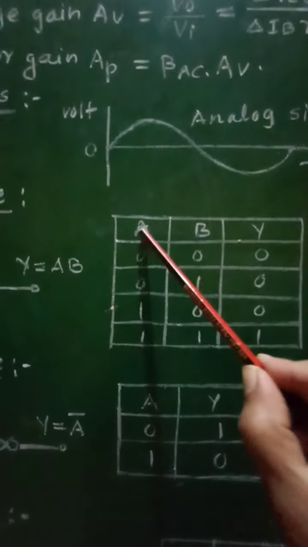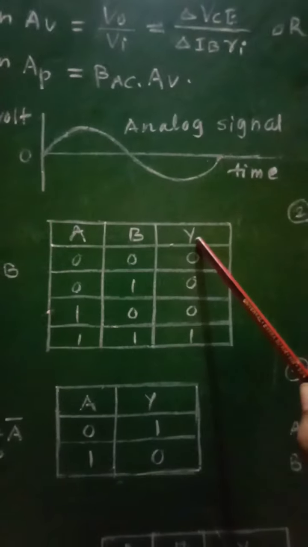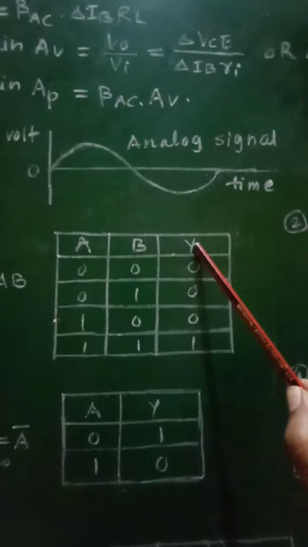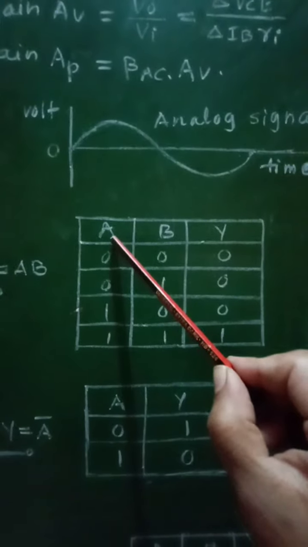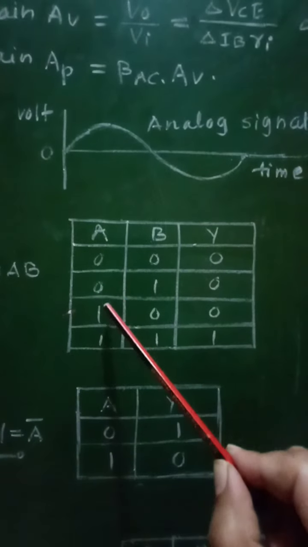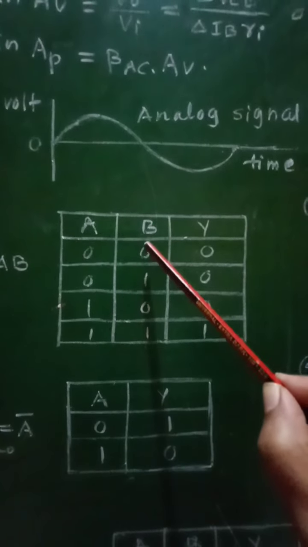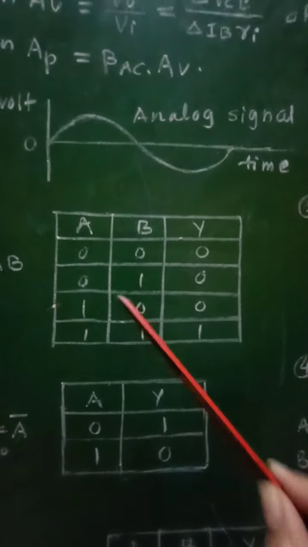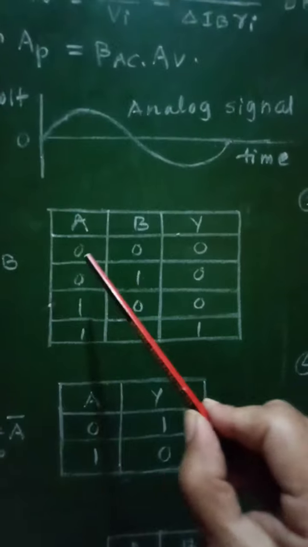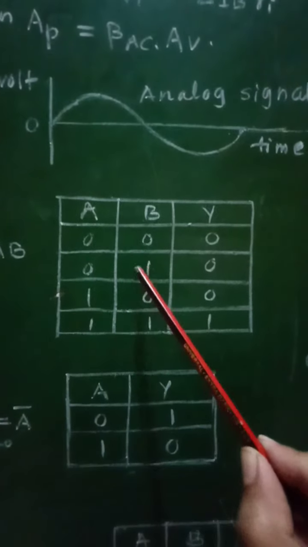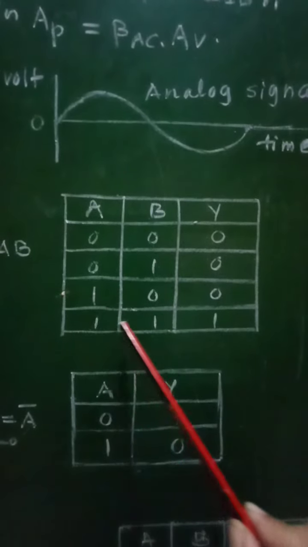A and B will represent the input and y will represent the output. So the inputs will be 0 0 1 1 and the second input will be 0 1 0 1. That is, the inputs will be 0 0, 0 1, 1 0 and 1 1.